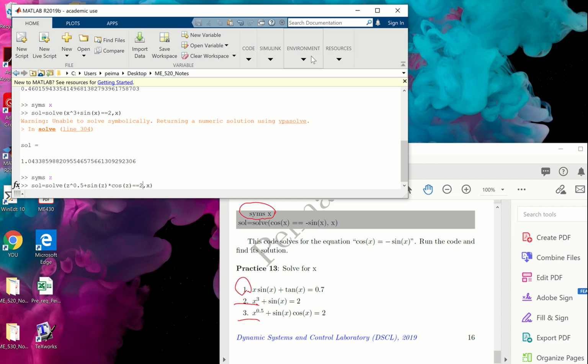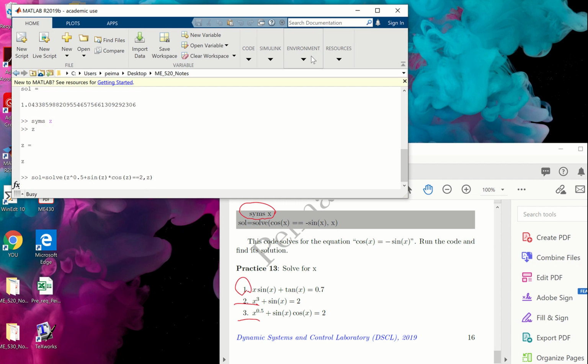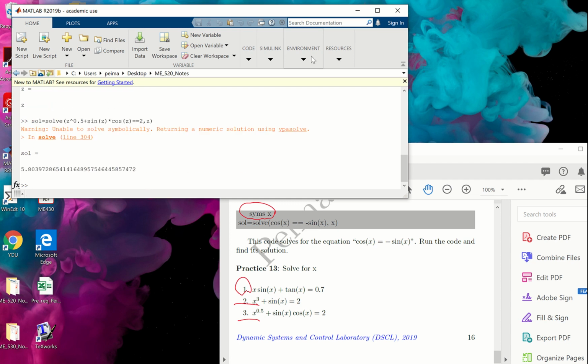Do you care? No. And what variable is it? Be careful. The variable is z this time. Okay. I'm just changing to expose you to different scenarios. Okay. And here we go. I'm sorry. The solution is this. Okay. Understand?